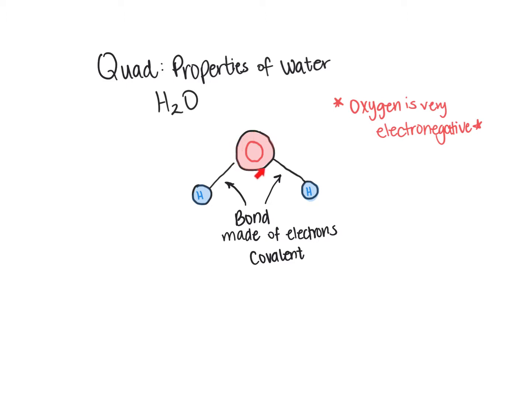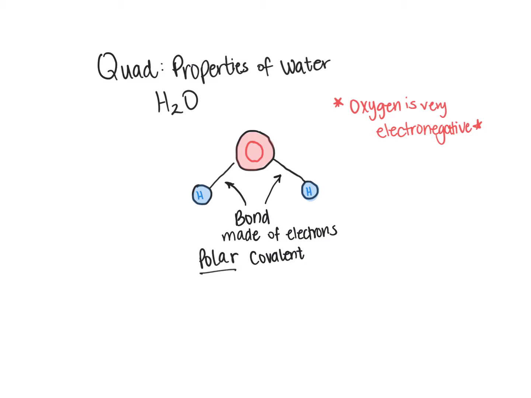Oxygen is very much a hog. It's going to steal the electrons or keep the electrons closer to it and away from the hydrogens. So even though they're sharing these electrons, it's not a fair share. So because there's an uneven sharing, this is a specific type of covalent bond called a polar covalent bond.